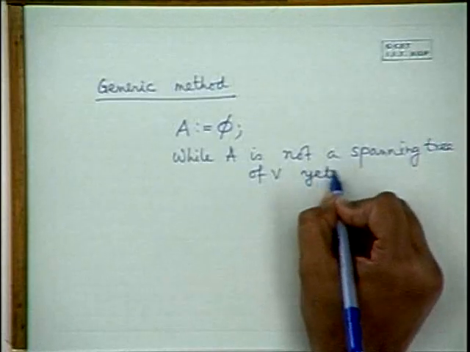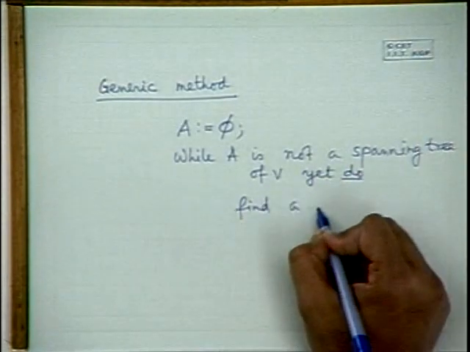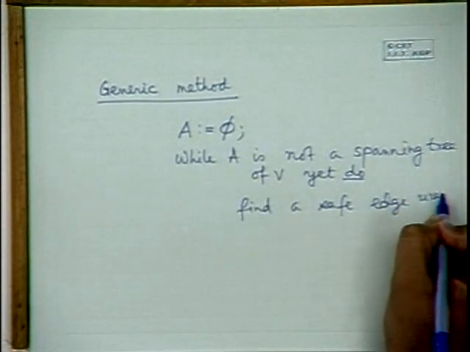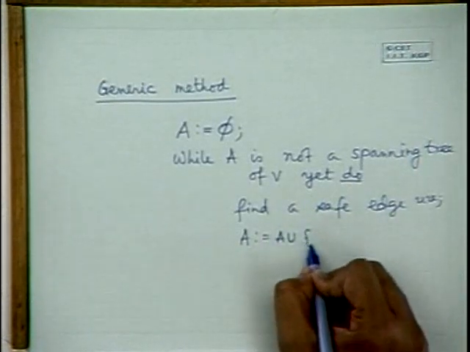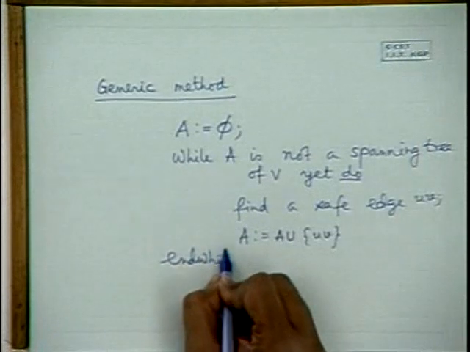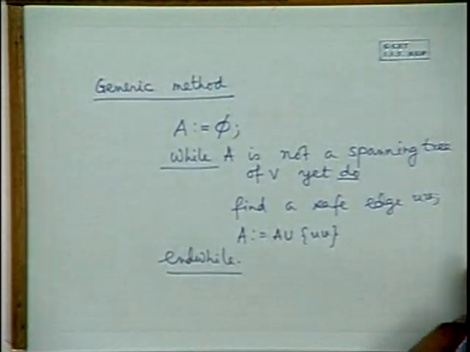While A is not a spanning tree yet, do find a safe edge UV and A becomes A union UV, end while. That is the generic method for computing the minimum spanning tree.